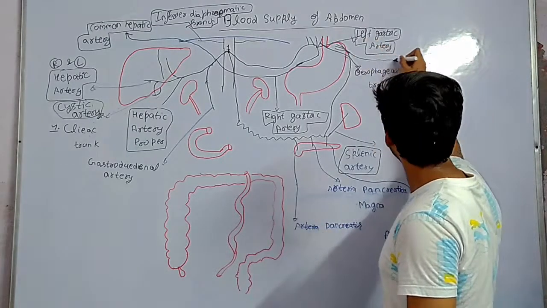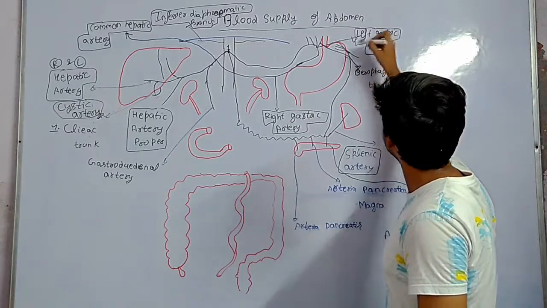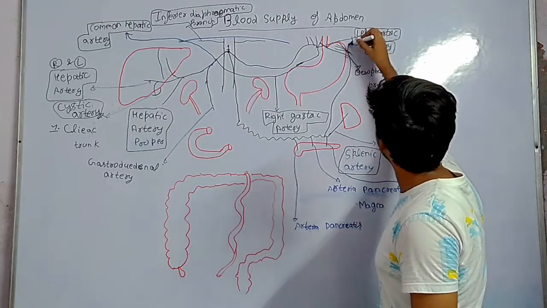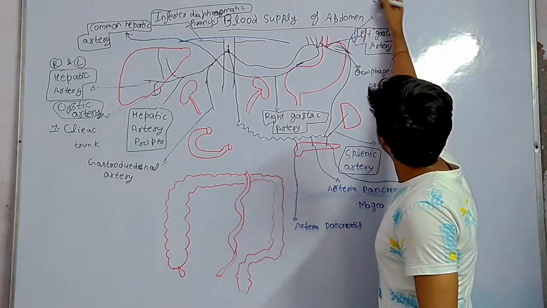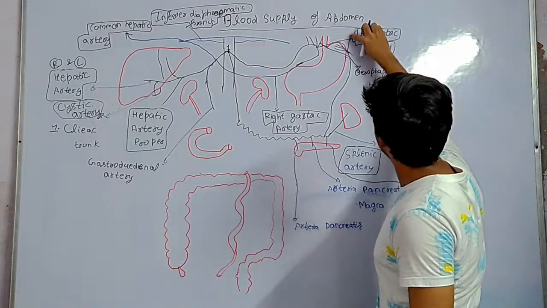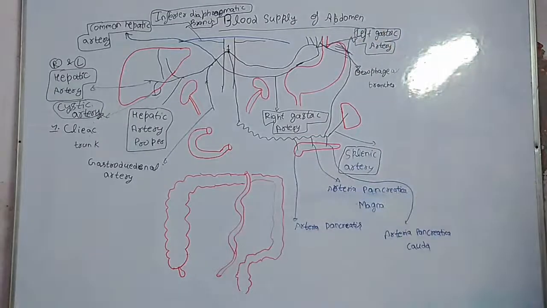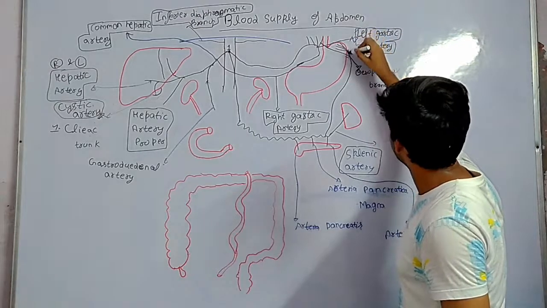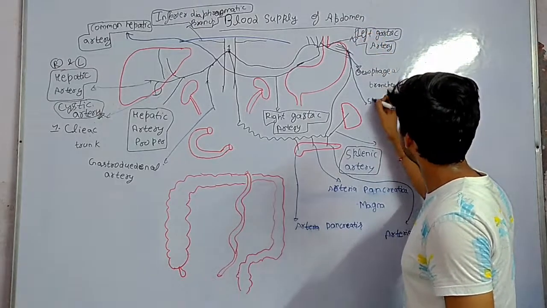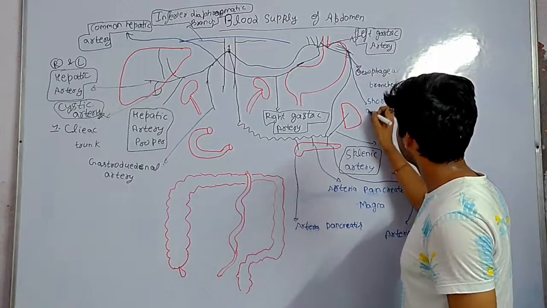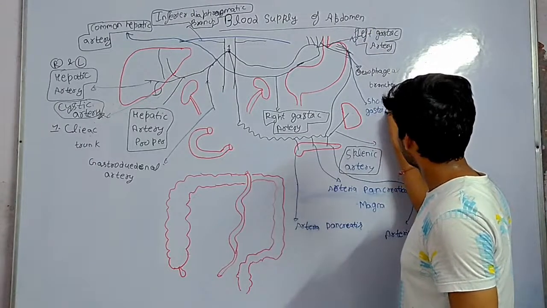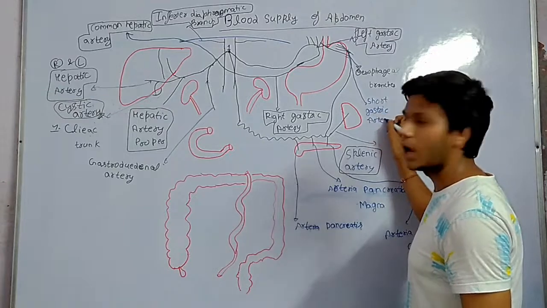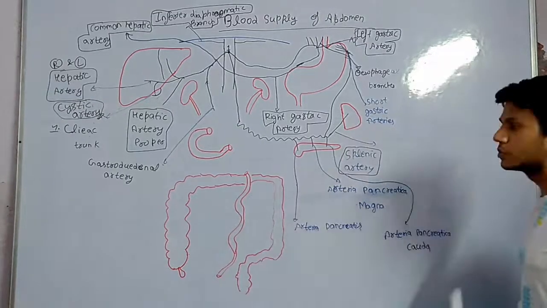These are called short gastric arteries. There are multiple arteries, which are the branches of splenic artery.